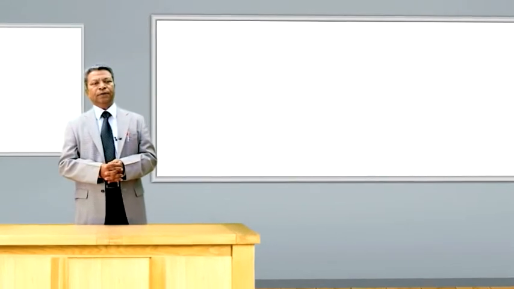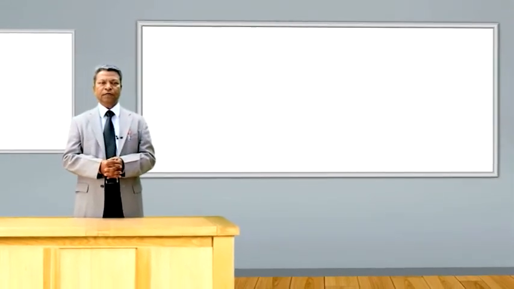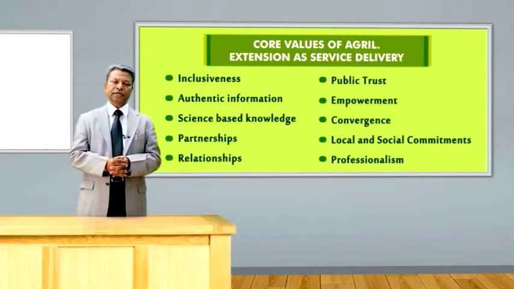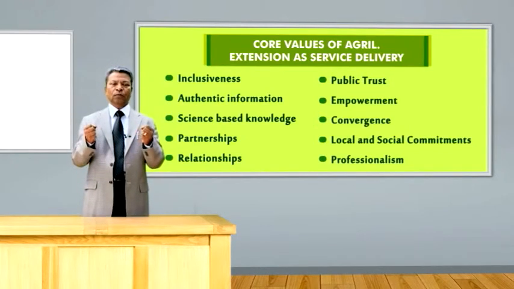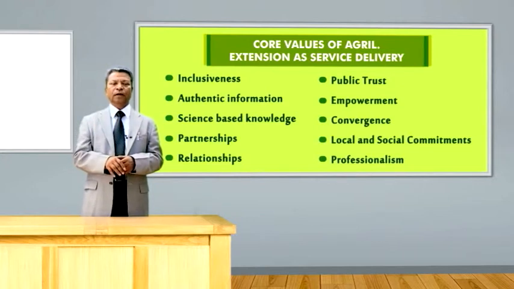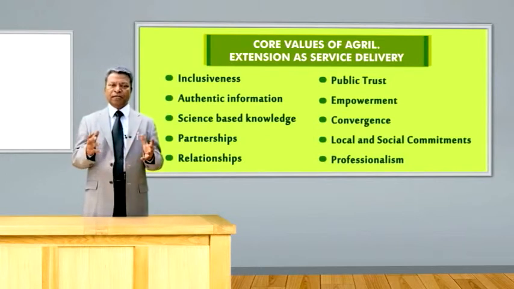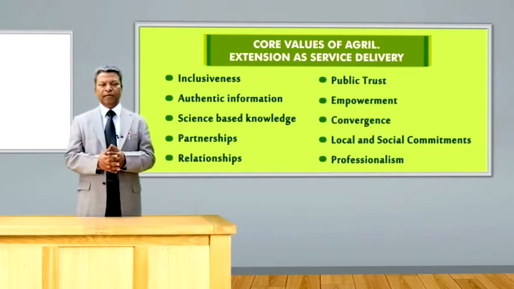There are about a dozen core values of agricultural extension as a service delivery. You have to see that extension delivery moves in an inclusive mode. Information that is passed on to the farmers has to be authentic. It has to be science-based. The partnerships and relationships will have to be maintained.